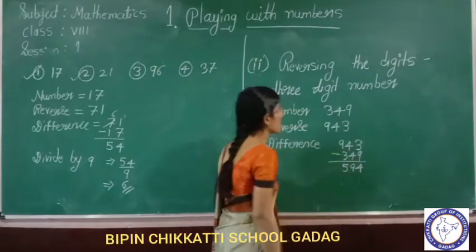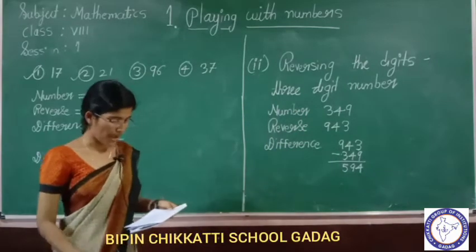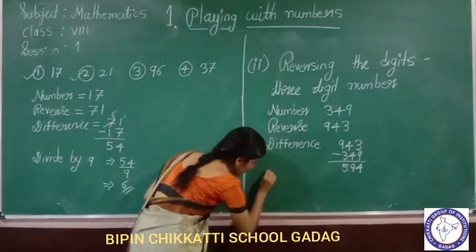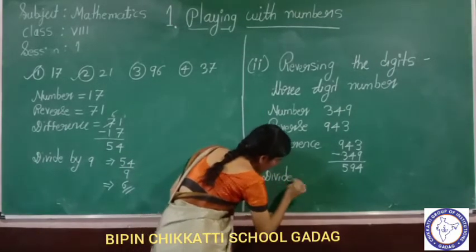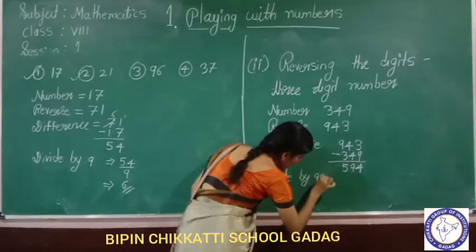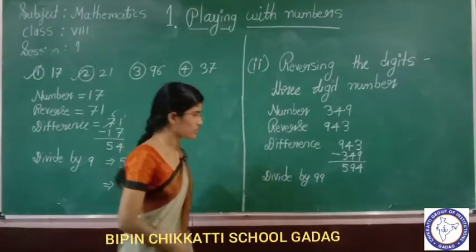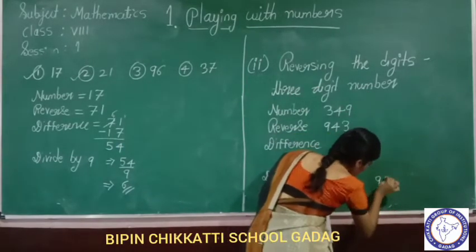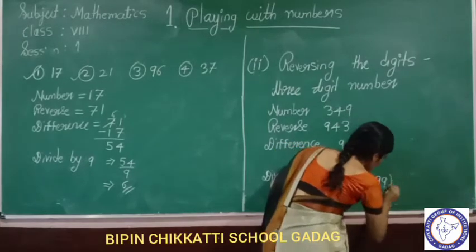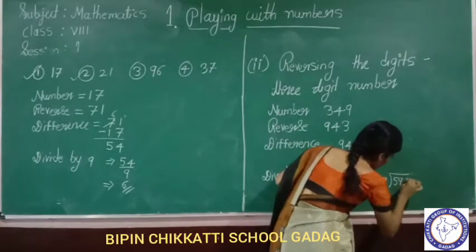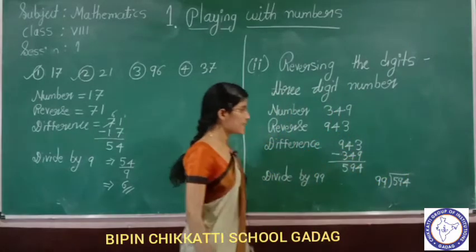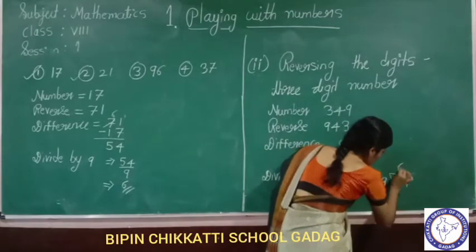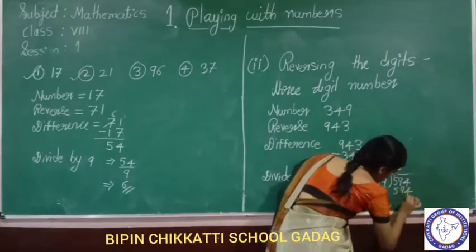Now divide this number by 99. We have to divide this number by 99. If we divide by 99, do again primary division. 594, in 99, how many times is 594? 99 times 6 is 594.